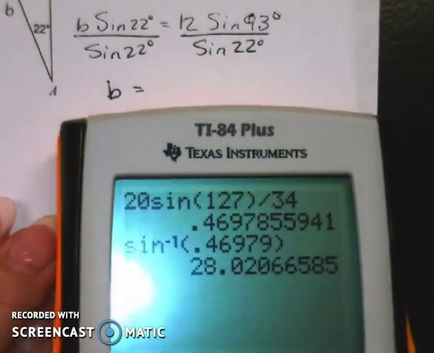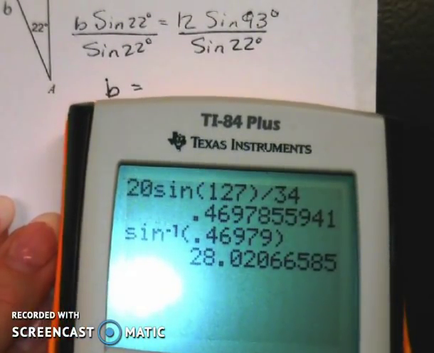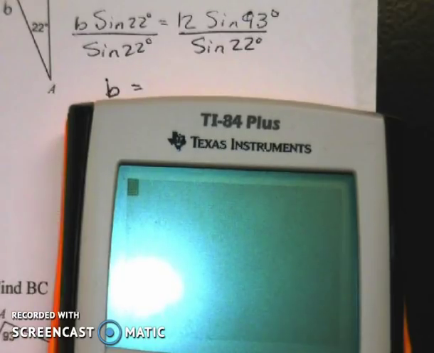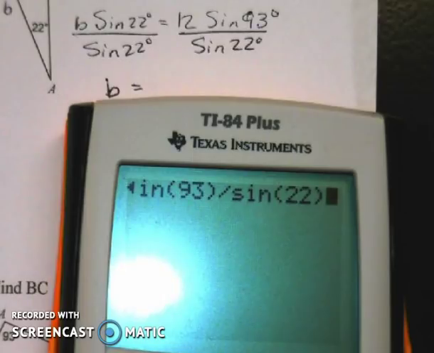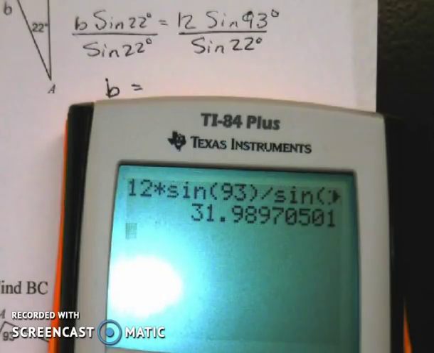So let me slide it up and get to where you can see it. Clear? All right, so 12 times the sine of 93, close parenthesis, divided by sine of 22. Now, you do need to make sure that your calculator is in degrees. I checked mine earlier. You need to make sure you check yours.